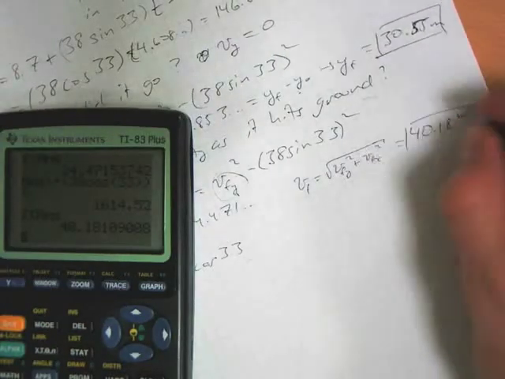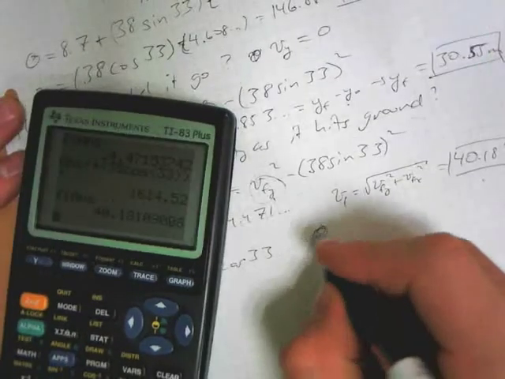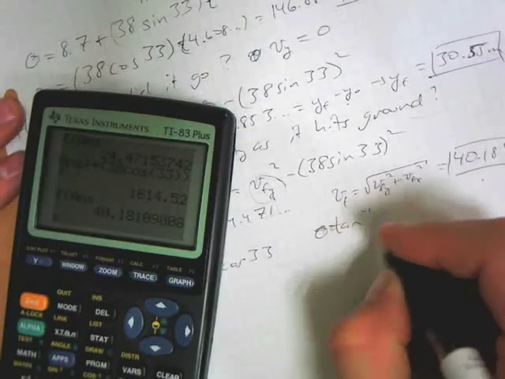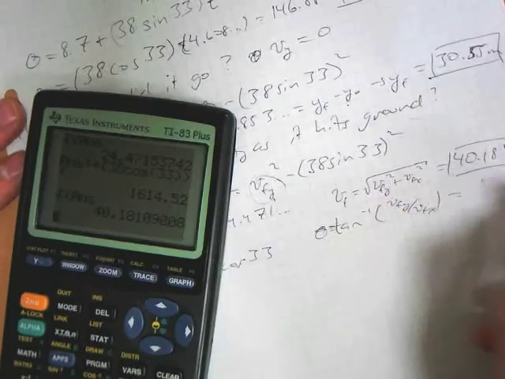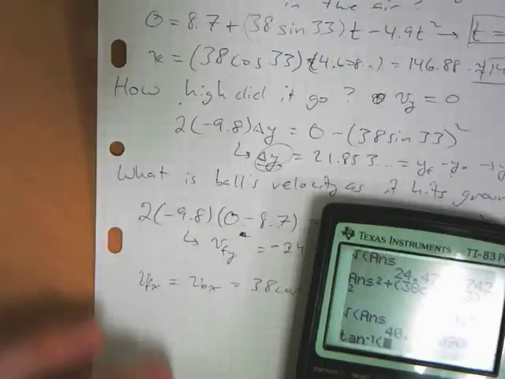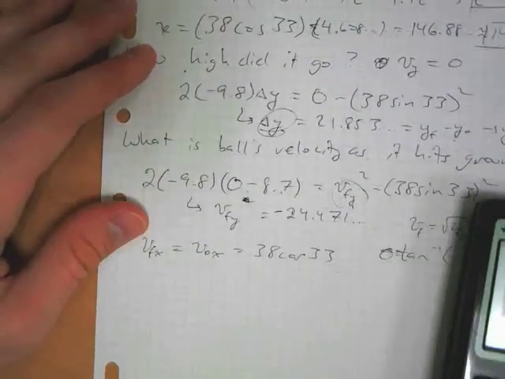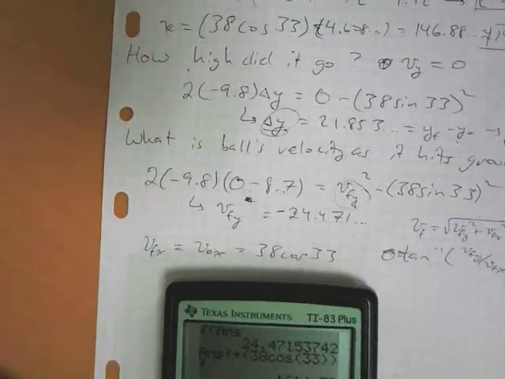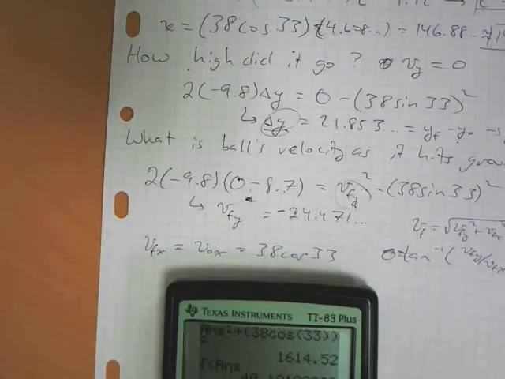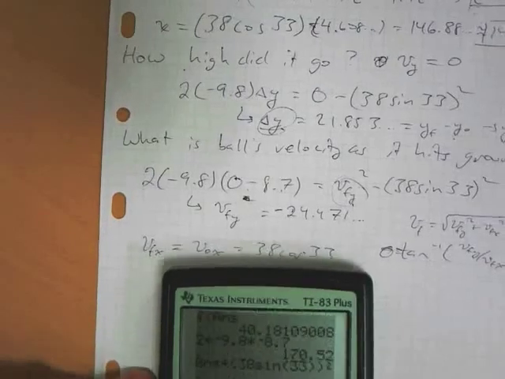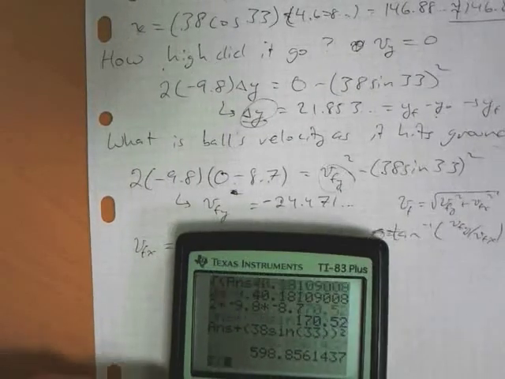And our angle is the arctan of v final y over v final x, which we punch in arctan of, oh shoot, I didn't store it. There it is, plus (38 sine 33). You should always store your answers. It makes things a lot easier. Square root, answer. There we go.